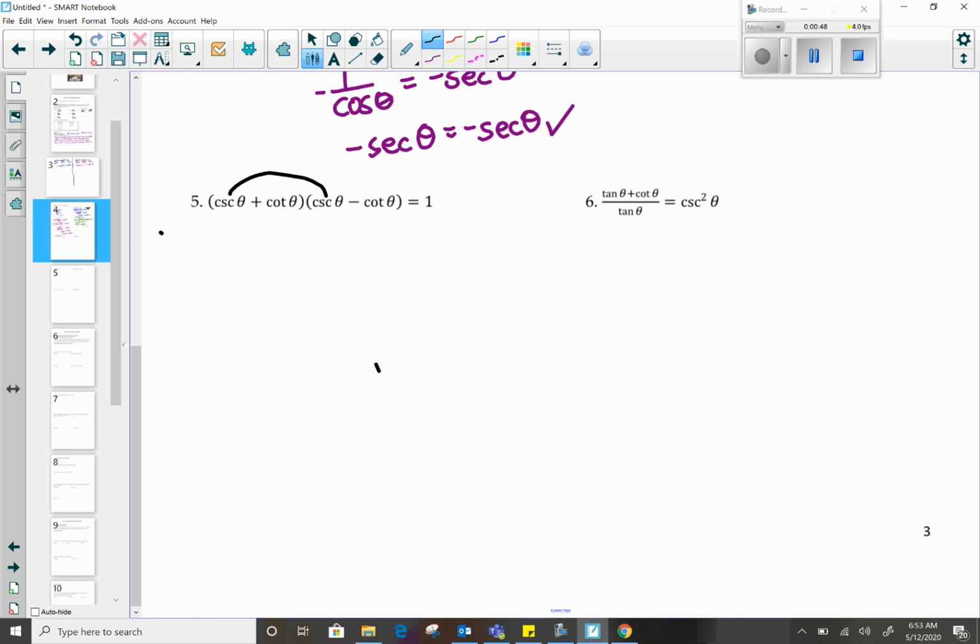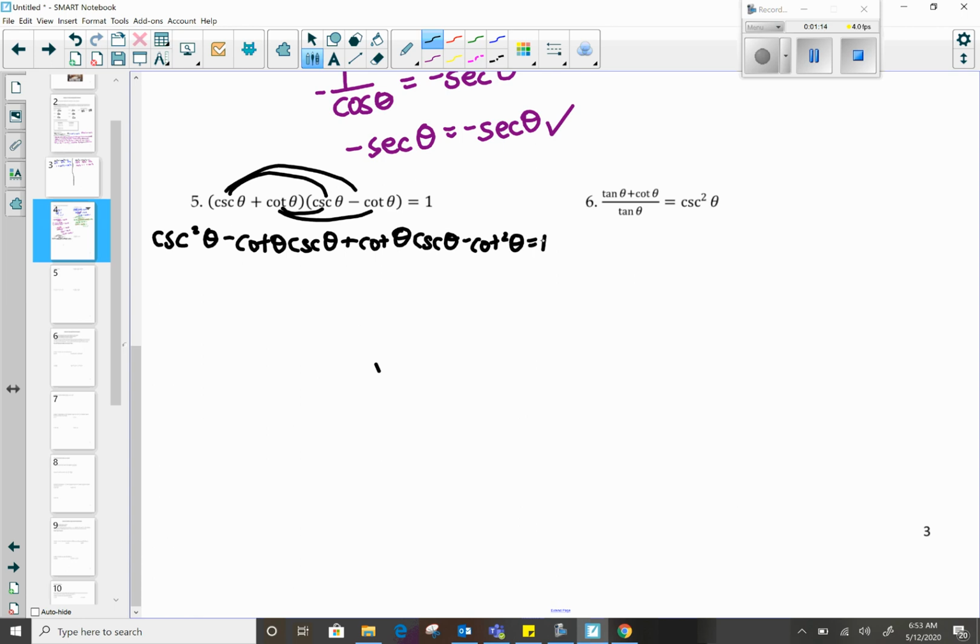Okay, so I get cosecant squared minus cotangent theta cosecant theta plus cotangent theta cosecant theta minus cotangent squared theta.